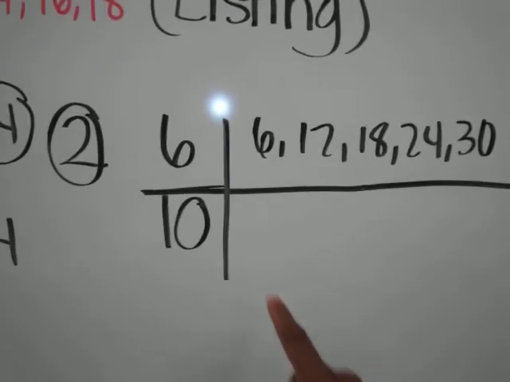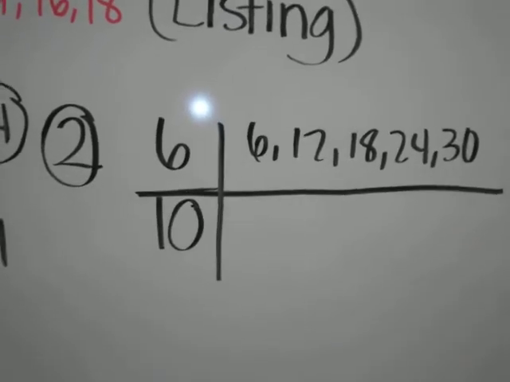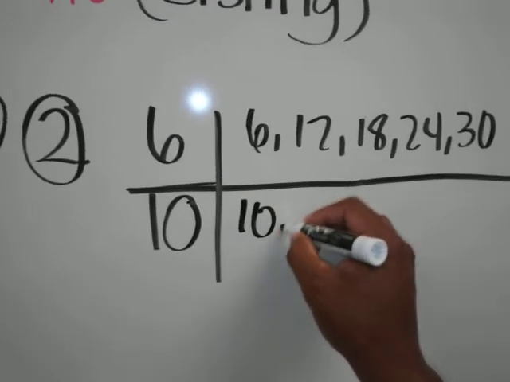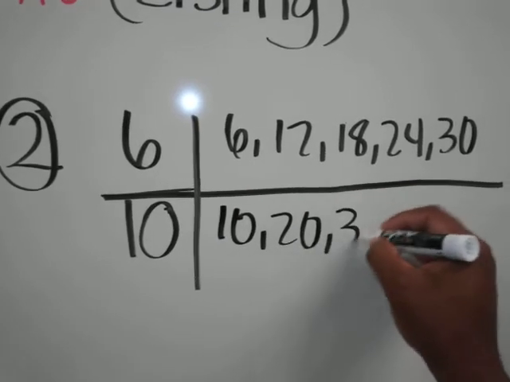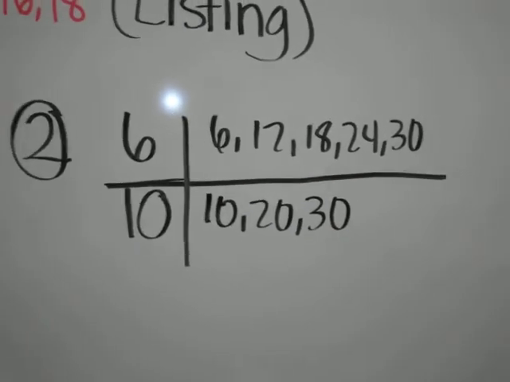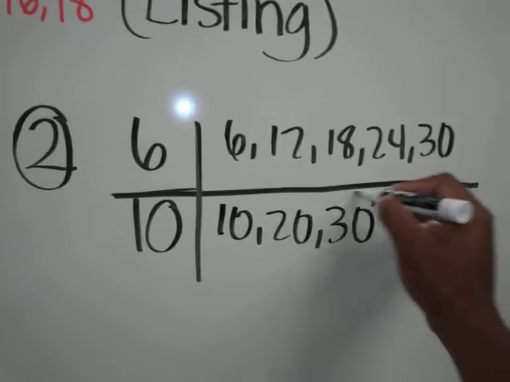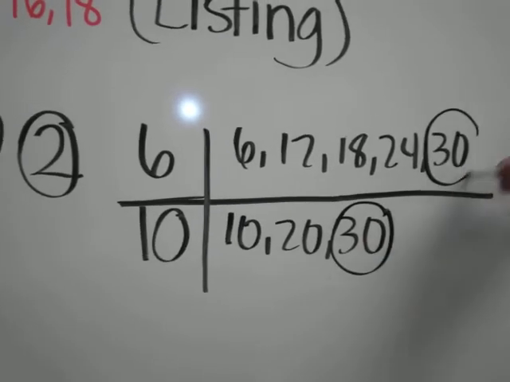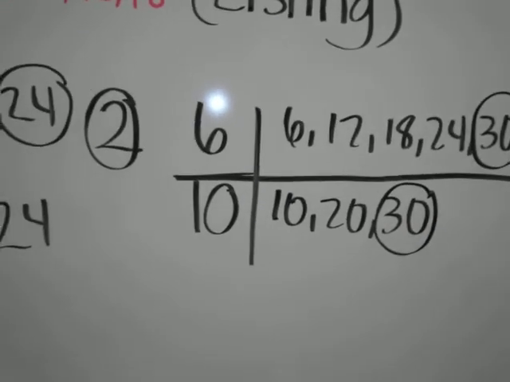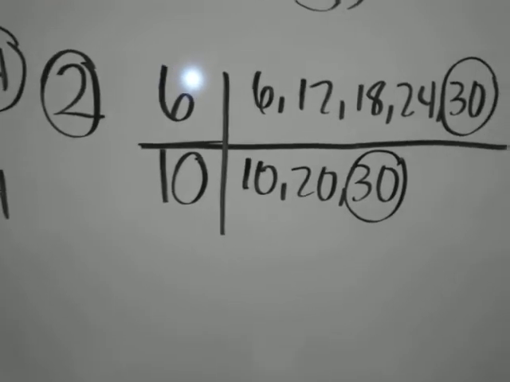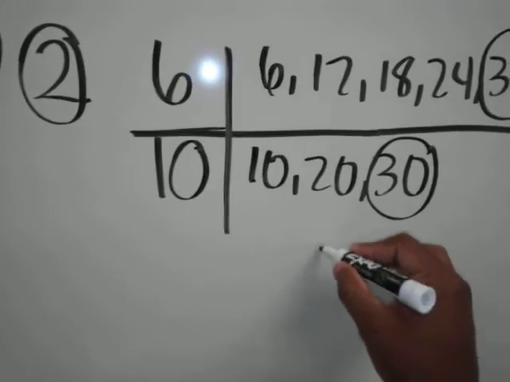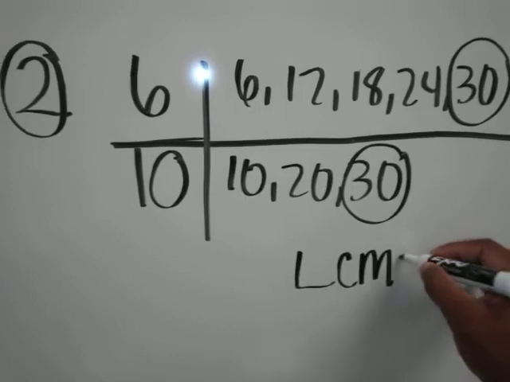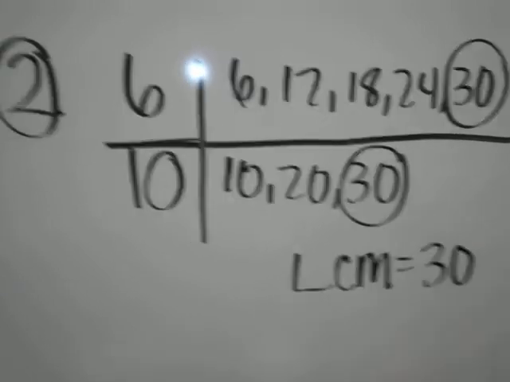All right, I'm going to stop and go ahead and complete the multiples of 10 now. 10, 20, 30. And my assumption was correct. I thought it was 30, and it is 30. 30 is the first value that repeats in the multiples of 6 and the multiples of 10. So my LCM for 6 and 10 is 30.